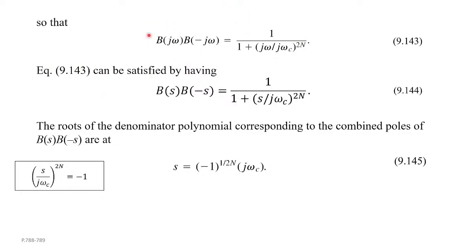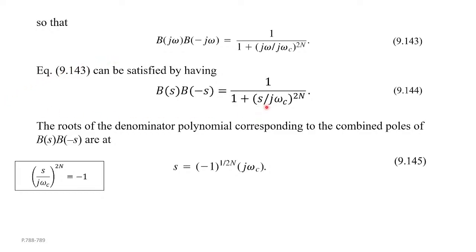We satisfy this by trying to construct some B of S, such that, basically, we swap j omega for S. So B of S times B of minus S equals 1 over S over j omega to the 2n. Basically, swap j omega for S. Then if B of S satisfies this equation, then B of j omega will satisfy this equation. That works, right?